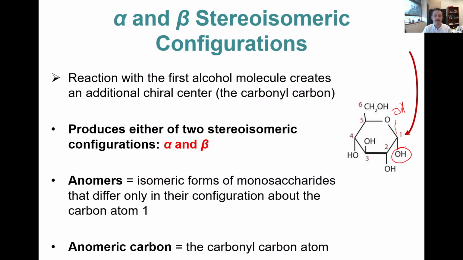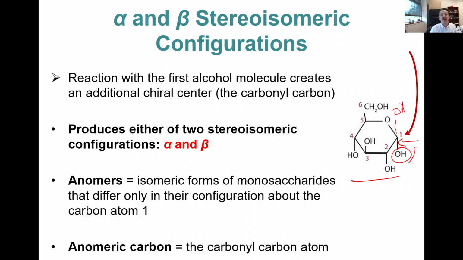If we have one sugar where when it's cyclized the OH went down, and the other sugar is cyclized and the OH went up, well, those 2 are going to be epimers of each other, and in particular that's where the anomer comes in. These are anomers. Anomers are the isomeric forms of the monosaccharides where the difference between them is around carbon number 1, whether the OH is up or down in 3D space, and that makes it either the alpha or the beta form.